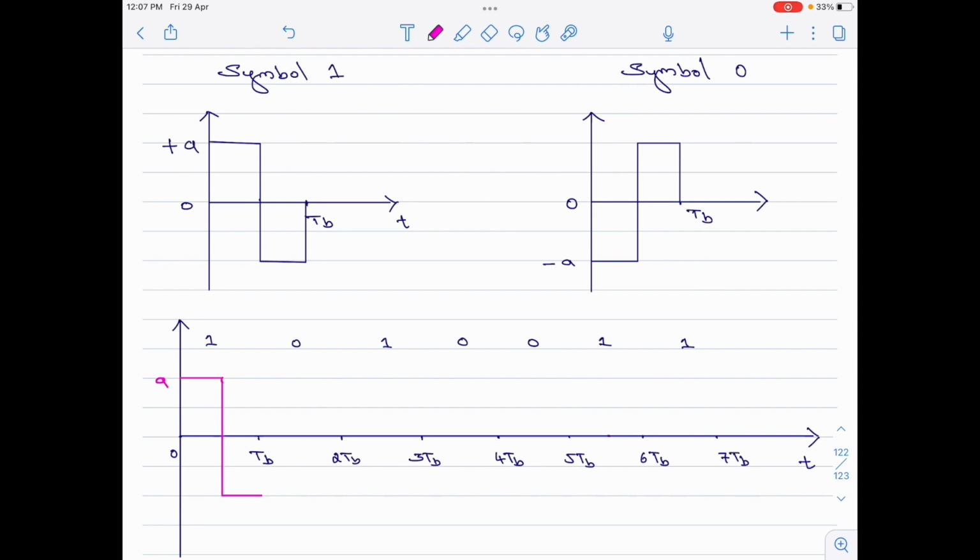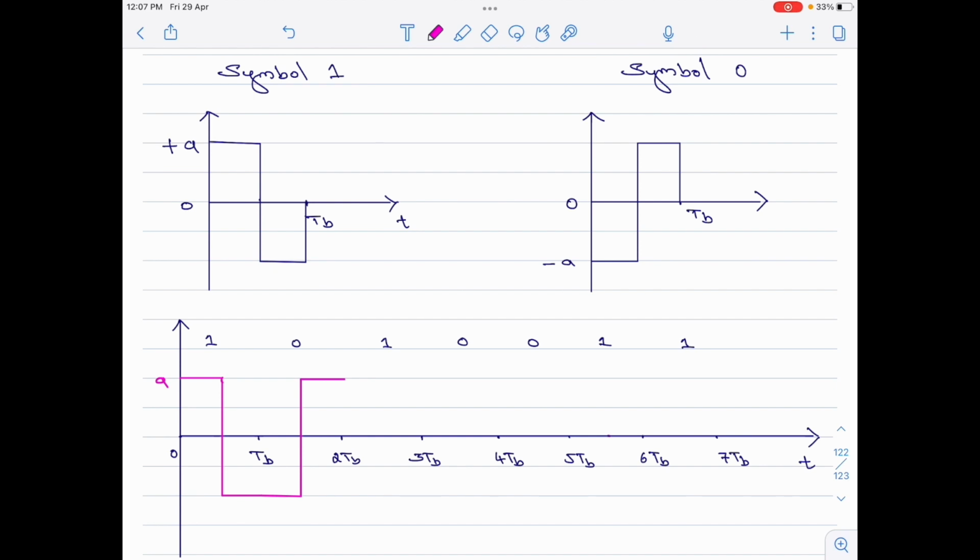I will not be drawing the vertical line here because if you look at this, we have a 0 in the next bit duration. And bit 0 is represented by transmitting a negative pulse. So, by drawing a line at 1 TB, it means the data goes back to 0, which is not a practical case. So, coming to the next bit, which is a bit 0, we start by transmitting a negative pulse for the first half of the bit duration, and for the remaining half of the bit duration, we transmit a positive pulse.